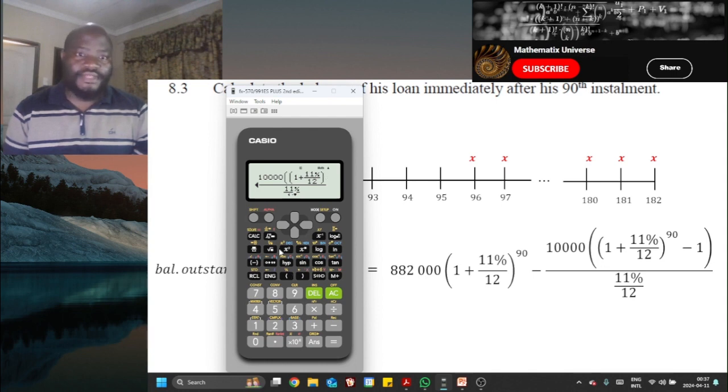This is raised to the 90. And then we go down and subtract a 1, and then we close the bracket.